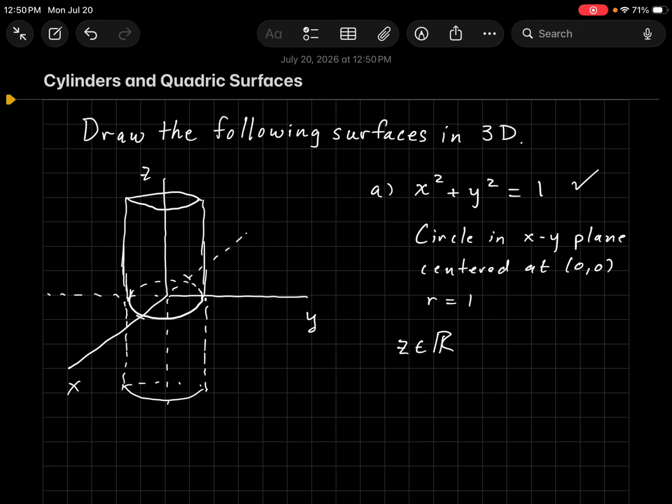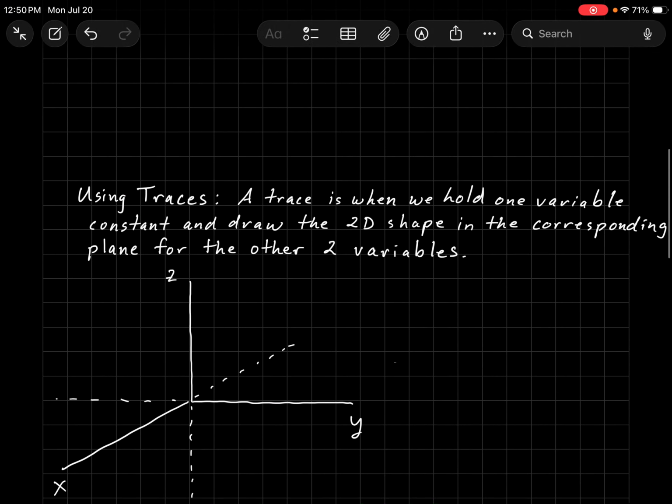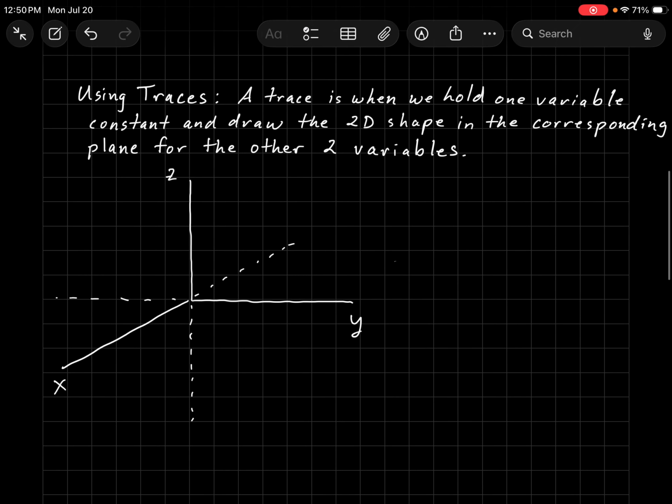Let's talk now about a technique I use, probably the most common technique I use when I'm trying to draw in three-dimensional space. And I use something called a trace. And let's consider the equation x squared plus y squared over 9 plus z squared over 4 equals 1.